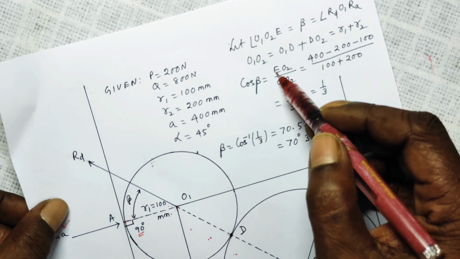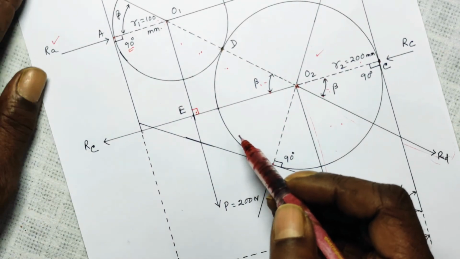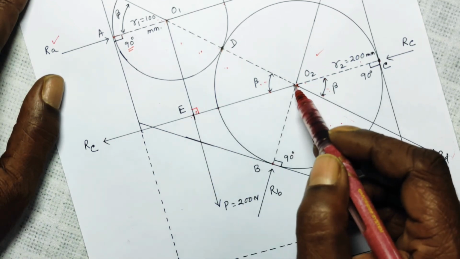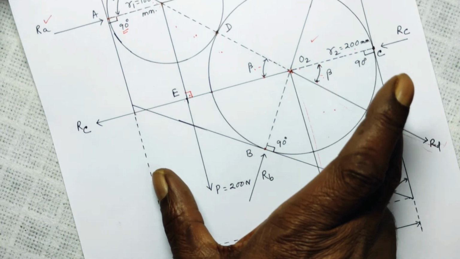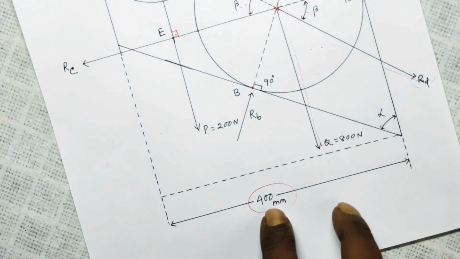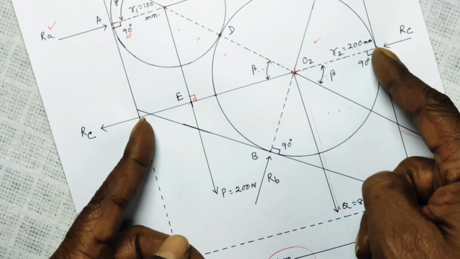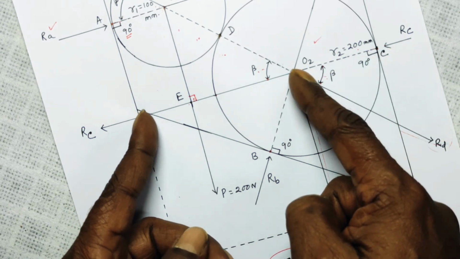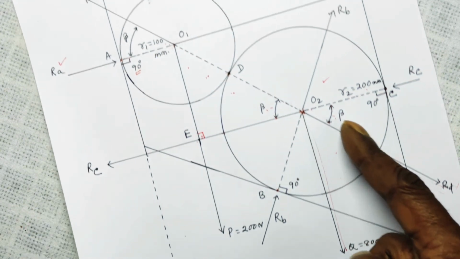Now how much is EO2? That is interesting to be found out. How much is this length from E to O2? This length will be equal to this total length, which is given as 400 millimeter, minus 200 from the right hand side, and minus 100, that is the radius of this cylinder from this side.